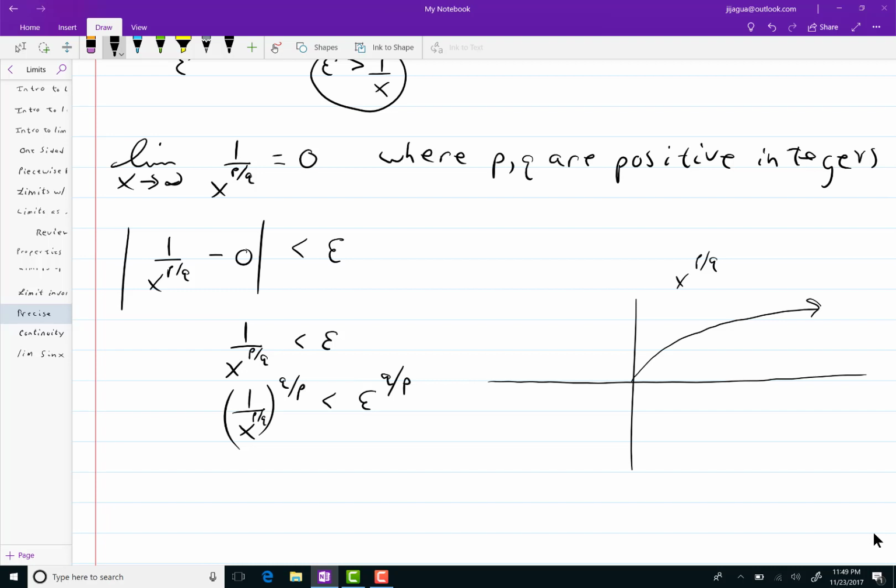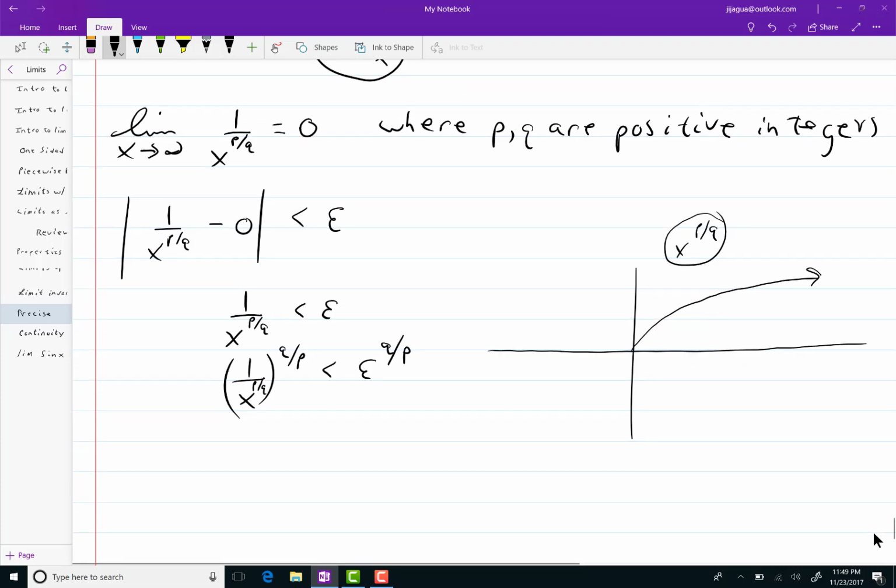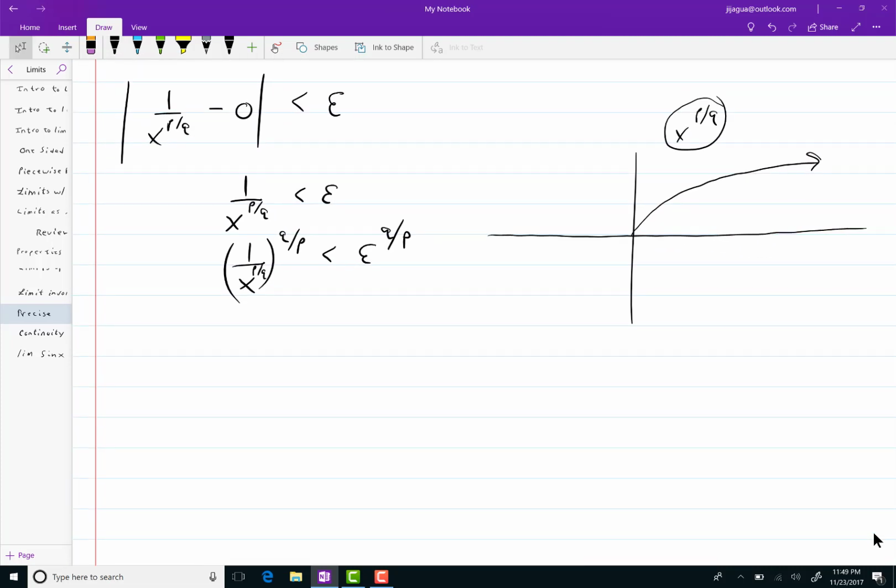And in fact, I believe I indicated at one point that that quantity is going to infinity as x goes to infinity. So, note that the limit as x goes to infinity of x to the p over q equals infinity. I don't think I've proven that yet.